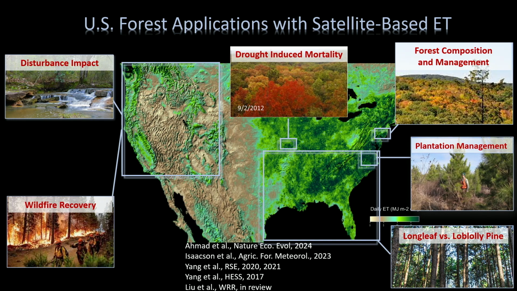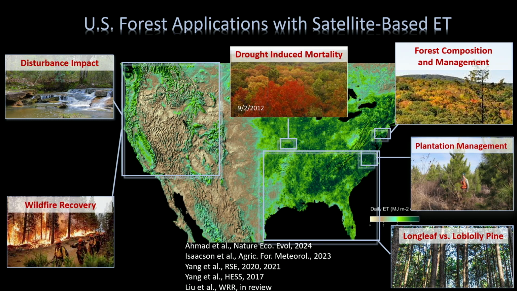And another one is a recent paper published in Nature Ecology and Evolution. It's using the OpenET data to look at the wildfire impact on the water balance shift. This is work collaborating with the EIS and NASA.